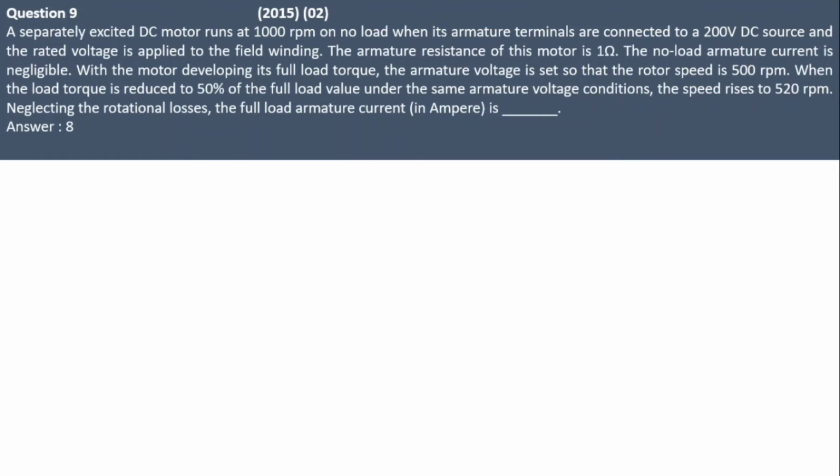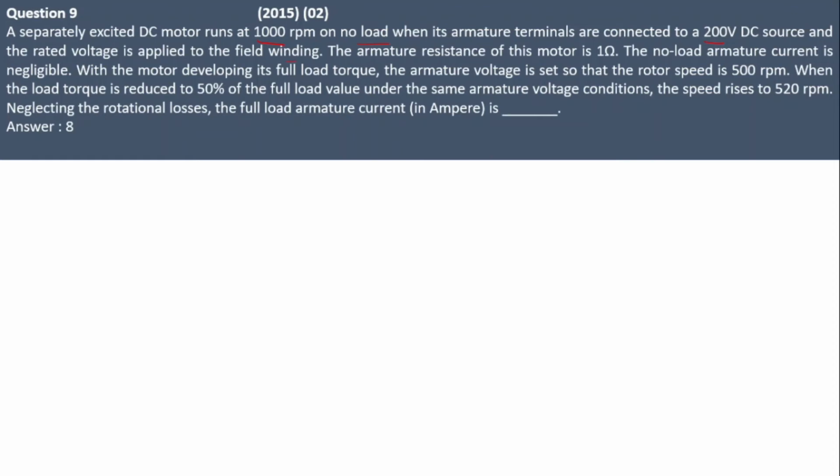A separately excited DC motor runs at 1000 rpm on no load when its armature terminal is connected to a 200 volt DC source and the rated voltage is applied to the field winding.